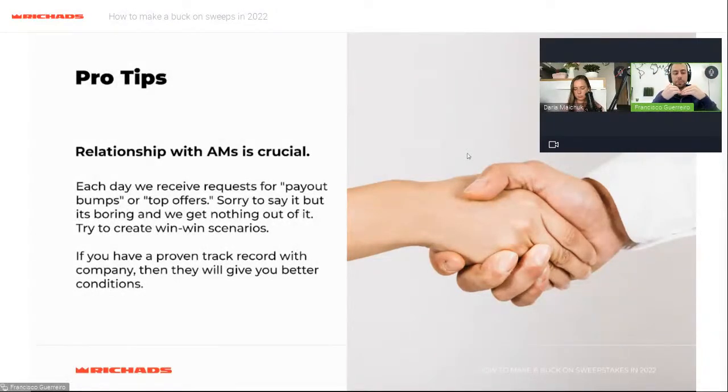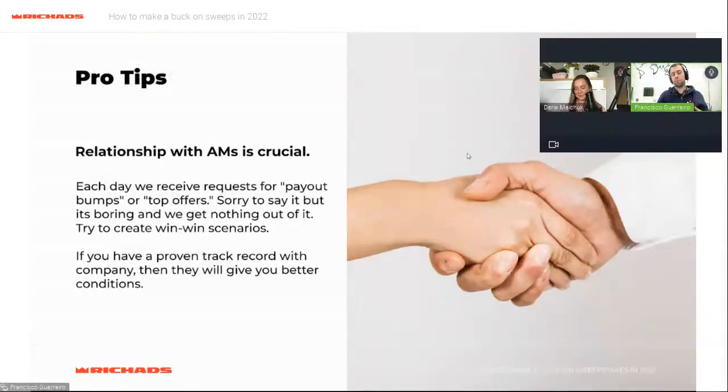And these guys, I have a much bigger degree of trust than in some guy that I just met last week. Each day we receive requests: please give more payout, please give more CR. Every network, every affiliate manager receives this type of request. So he will not really pay much attention if you just say this and you don't give anything in return.